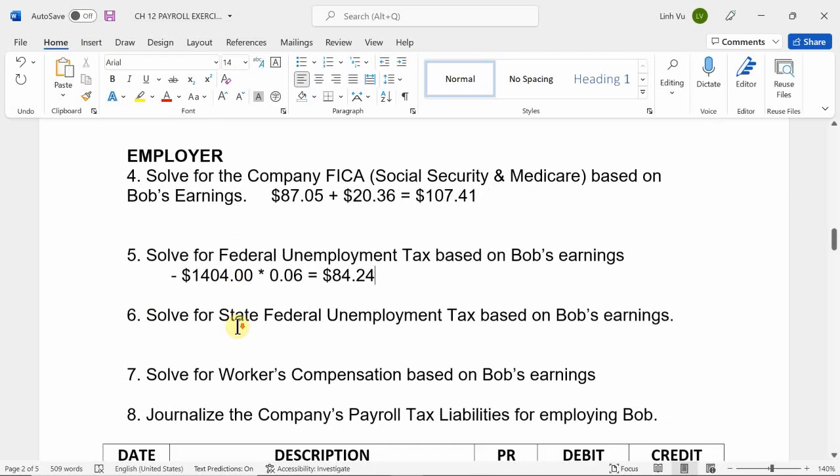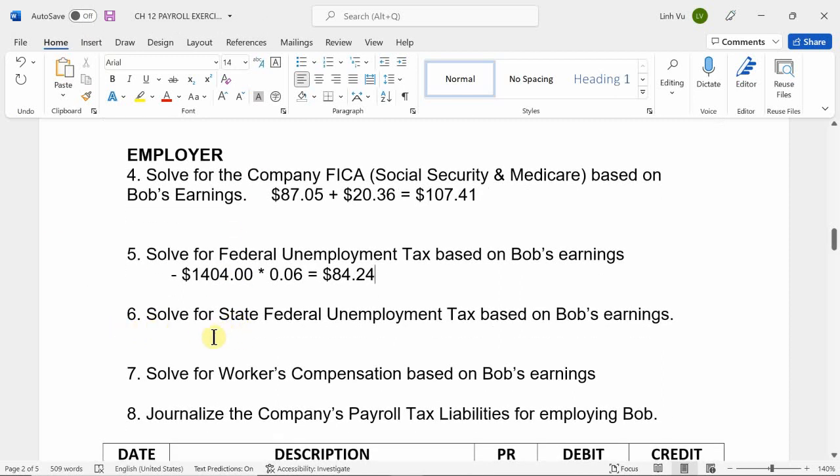Good. Now the next one. How much state unemployment, if it's based off of what Bob earned?